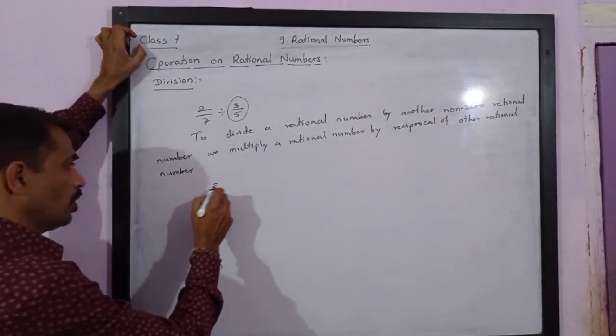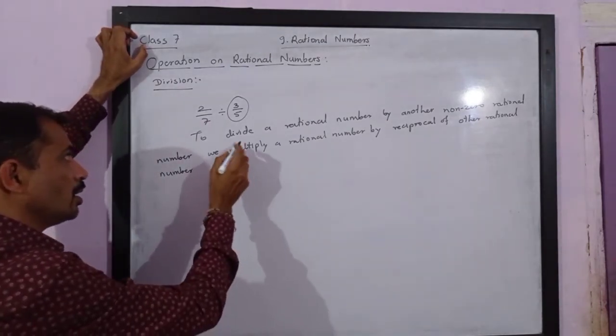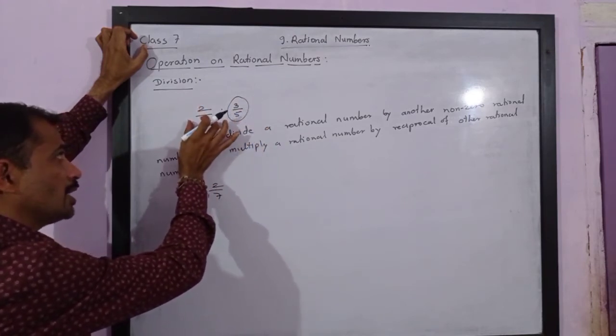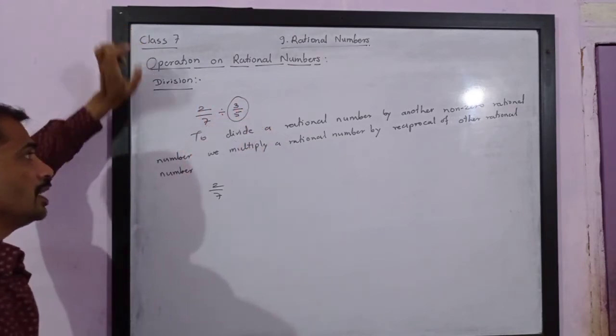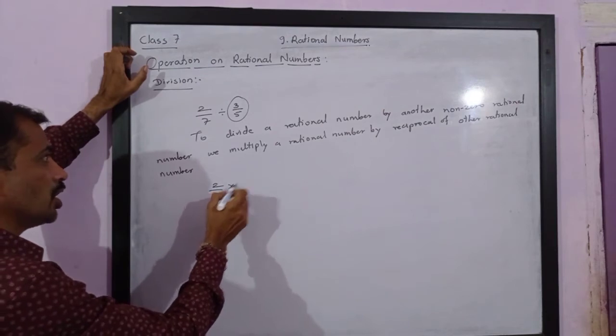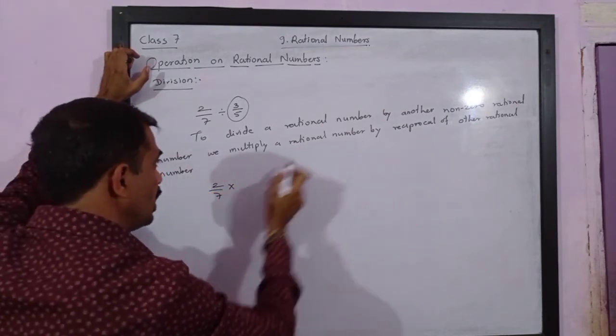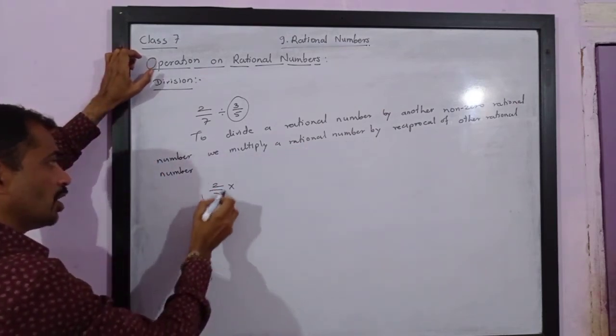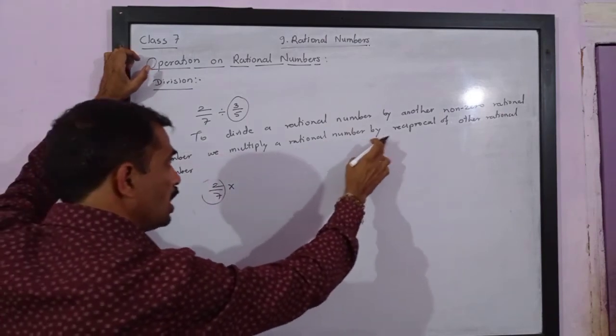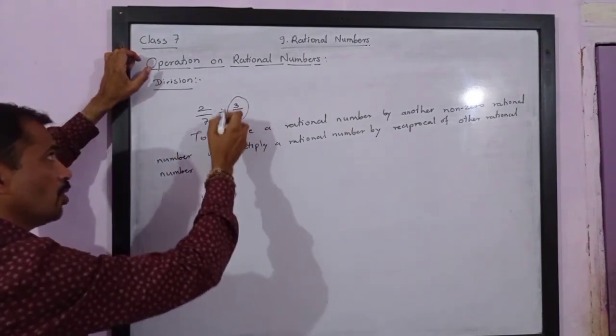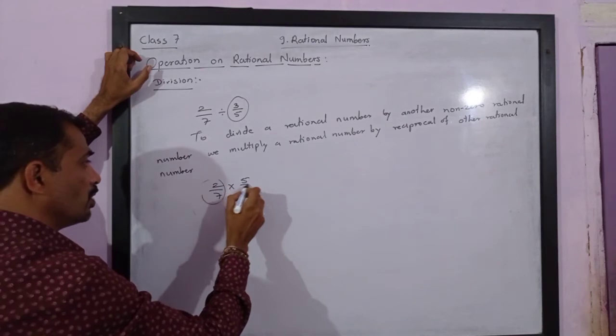Let us understand. 2 upon 7. To divide one rational number by another rational number is nothing but multiplication of the same rational number by the reciprocal of 3 upon 5, which is 5 upon 3.